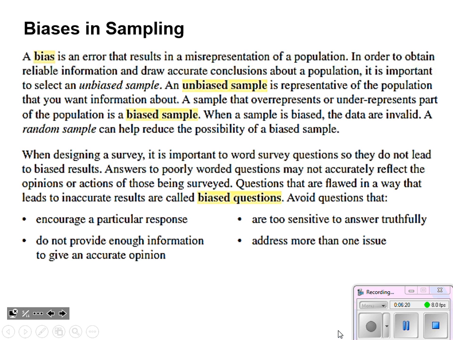They don't provide enough information, so there's confusion on the part of the person taking the survey, and they address more than one issue at once, right? We want our data to basically boil down to yes or no's, so we can get that data associated with our sample. If we have any of these issues happening, we won't be getting accurate data based on our sample.